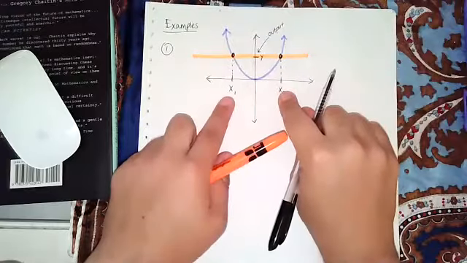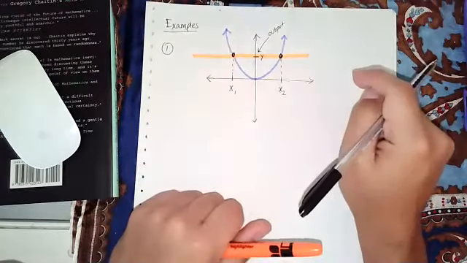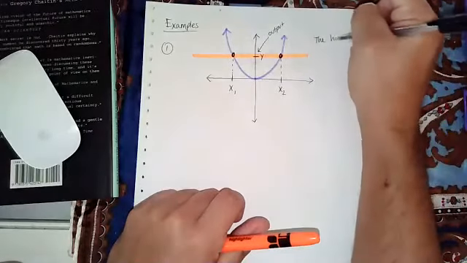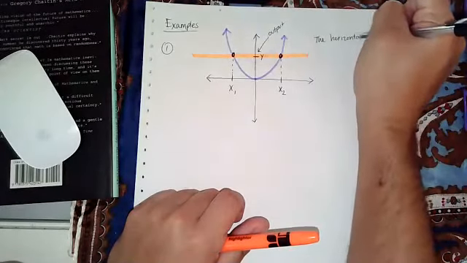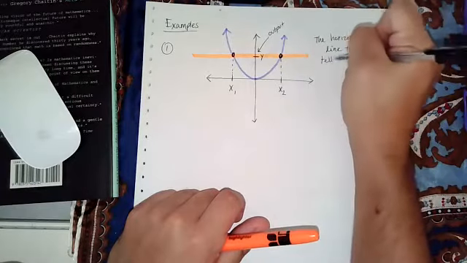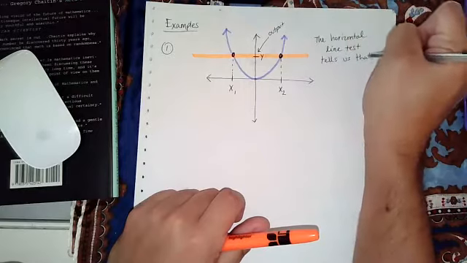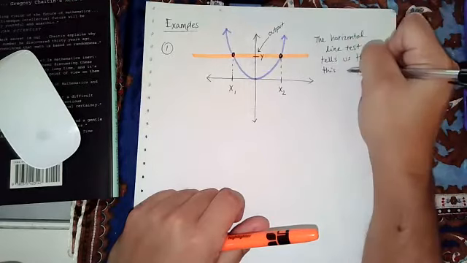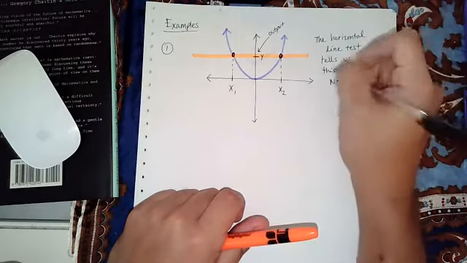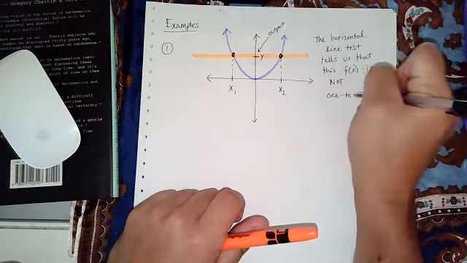So both these x values have the same y value. So the horizontal line test tells us that this function is not one-to-one.